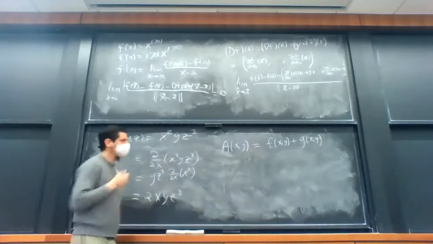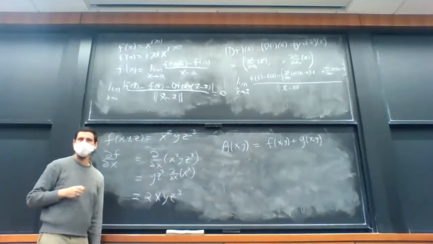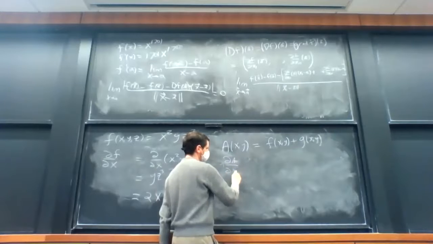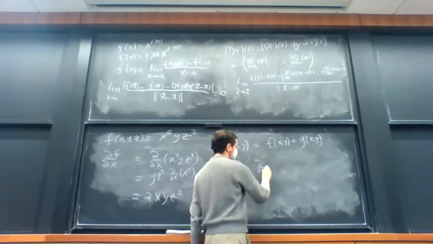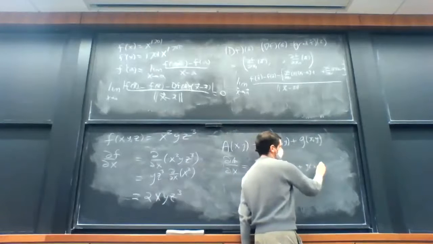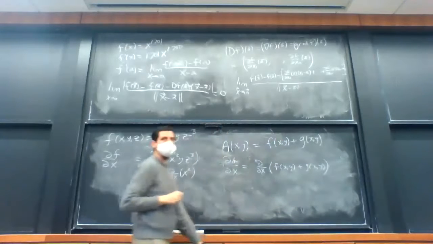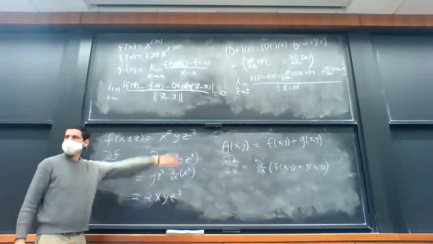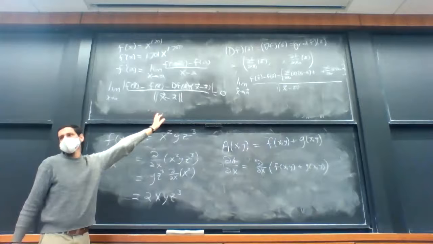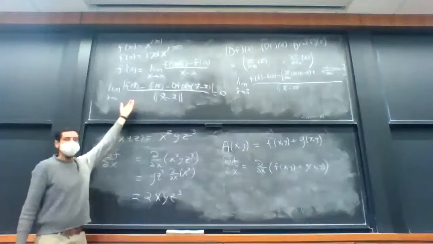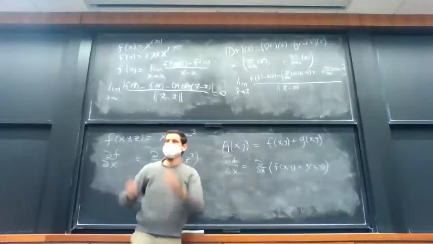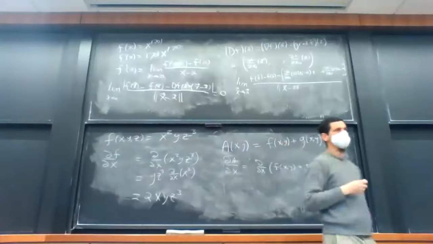And I can ask, well, if I have A is the sum of f and g, what would the derivative of A be? So dA dx would just be d by dx of f of xy plus g of xy. And if you go back to the definition of the derivative, which fortunately has not been erased yet, you just see, oh, well, look, if I've got f and g and they're just being added, I can group all the f's together here and all the g's together there, and it's just going to be the sum of the derivatives.